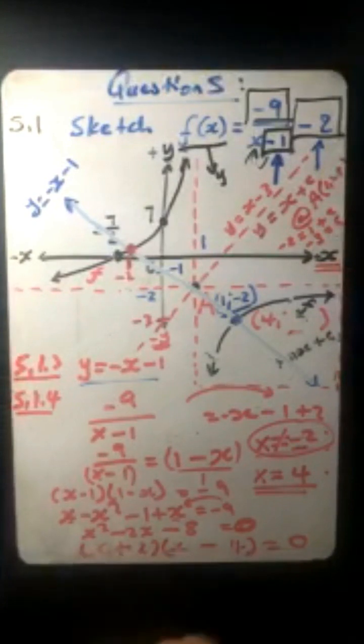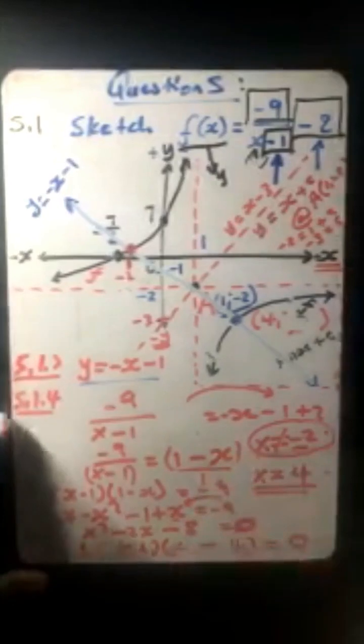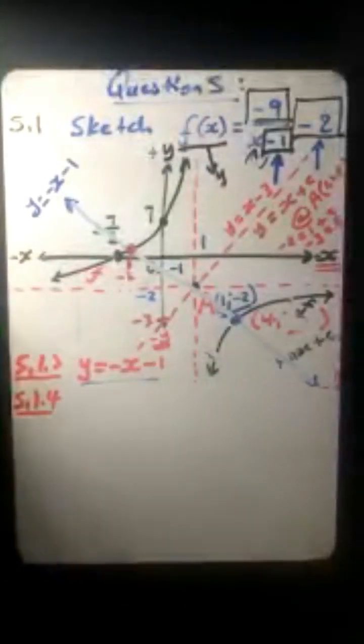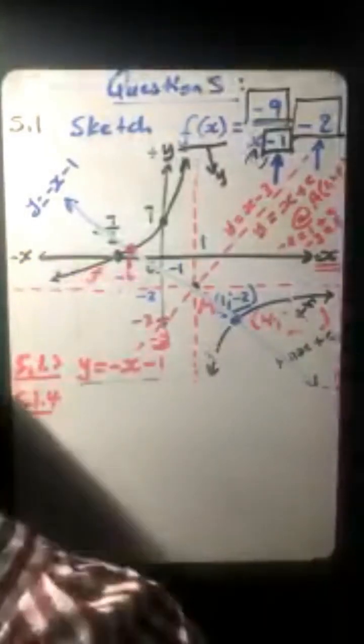Okay, maybe let me remove all of this. Everyone understood what we were doing there, isn't it? Anyway, I've just remembered the equation of f of x, looking for the y value. Yes.